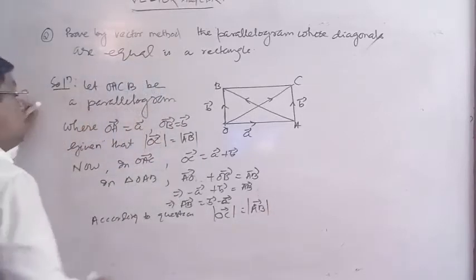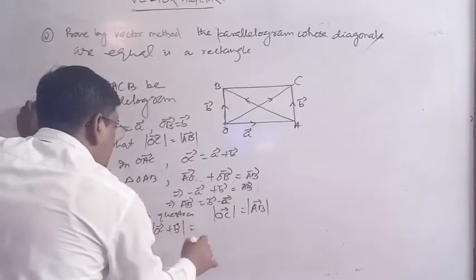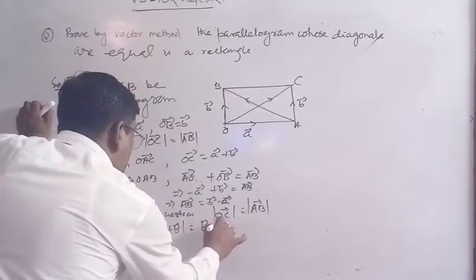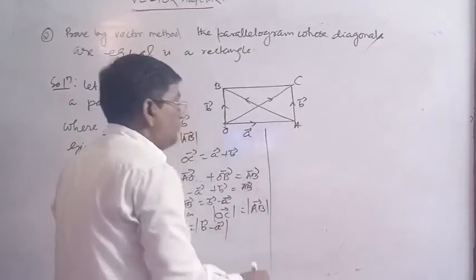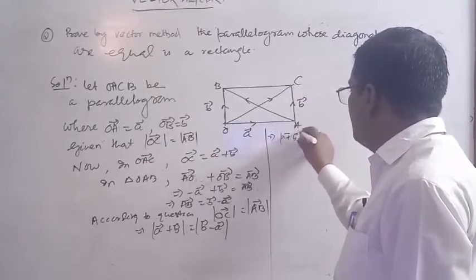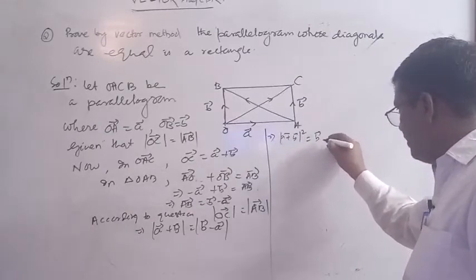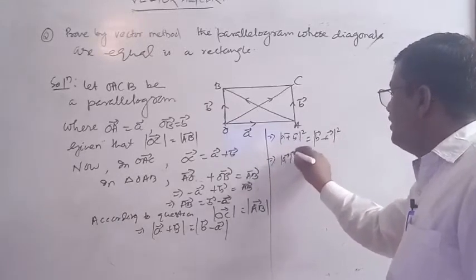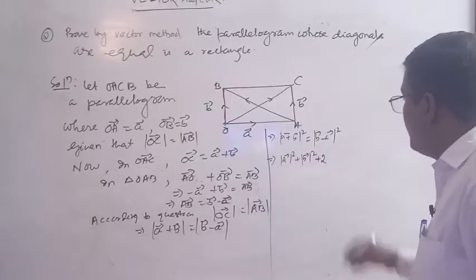So OC means A plus B magnitude is equal to B minus A magnitude. Now squaring this, magnitude of A plus B whole square is equal to magnitude of B minus A whole square. So by formula, magnitude of A square plus magnitude of B square plus 2 into A dot B.